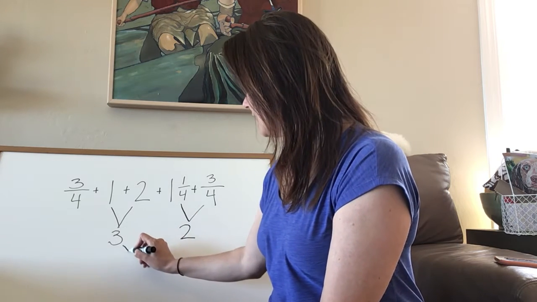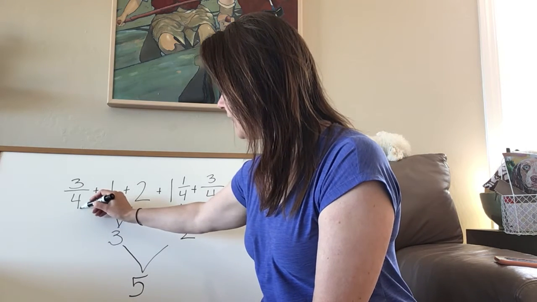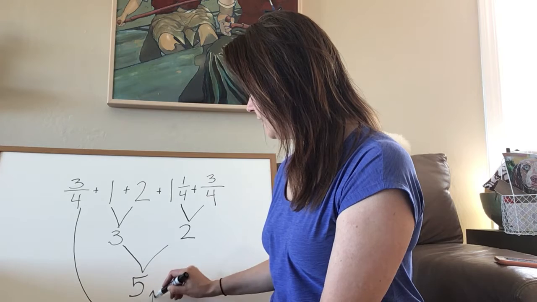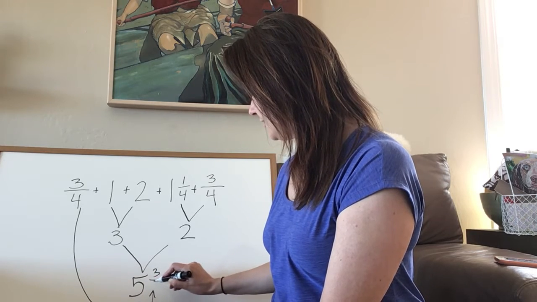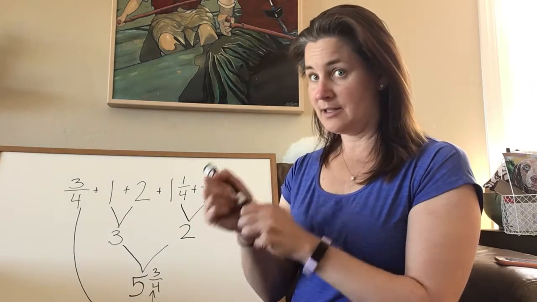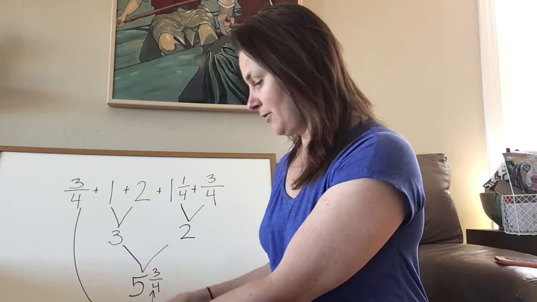I would add these together to get 5, and then add 3/4 to get 5 and 3/4. Back to fractions. So fun. That would be what you got for number 3.